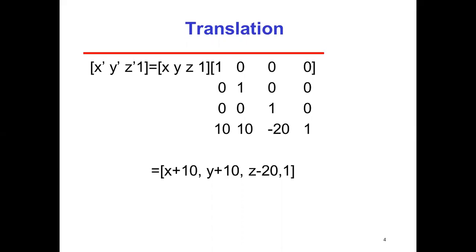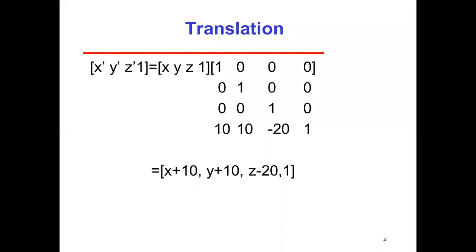Okay, so the translation matrix we are already aware of by the formula: 1 0 0 tx, 0 1 0 ty, 0 0 1 tz, 0 0 0 1. So first you remember all the formulas which we will use either for the translation or for rotation or for scaling. Okay, so learn these formulas so that you can write them frequently in the form of matrix or in the form of equations.